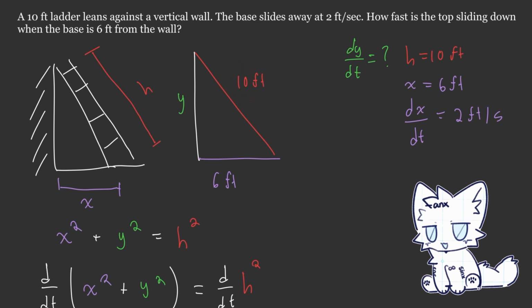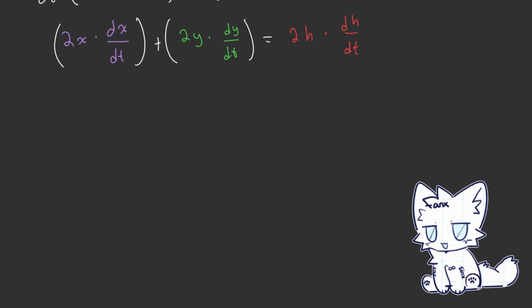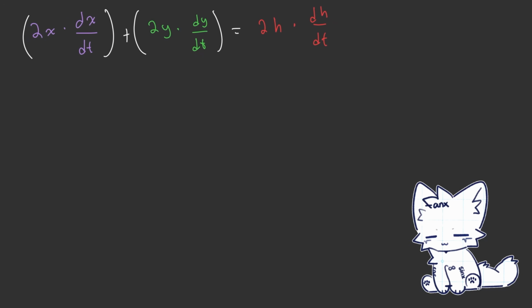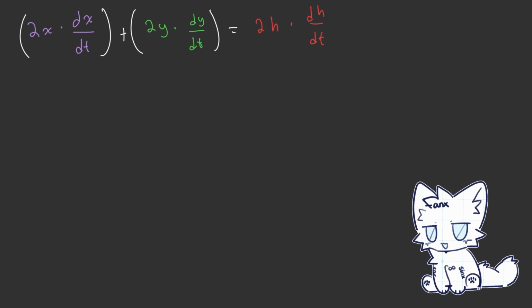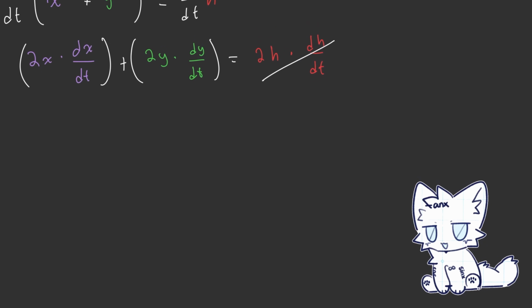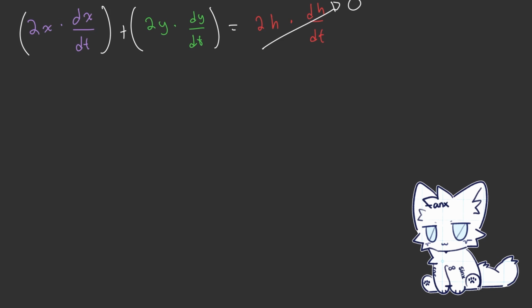Is there a rate that can be applied to that? I don't think it's possible for the length of the ladder to change in our situation. So the rate at which the length of the ladder is changing is 0. So this can be immediately crossed out to 0.